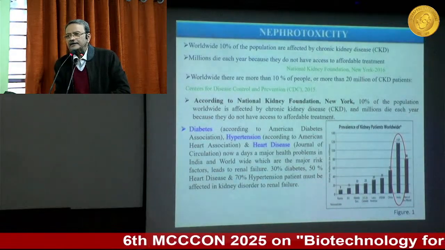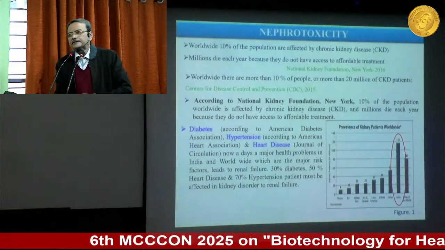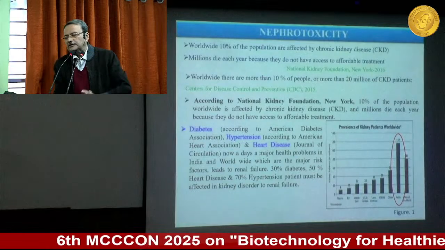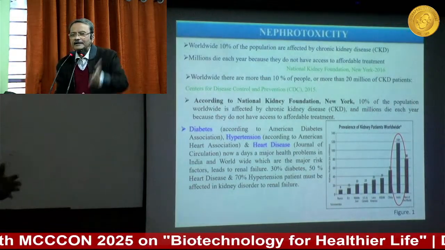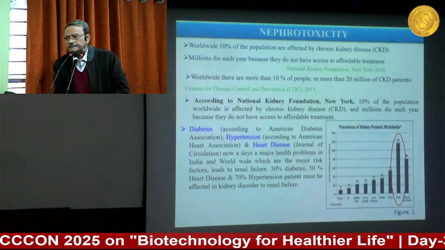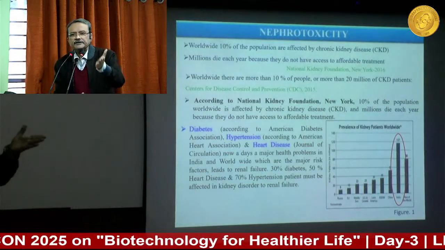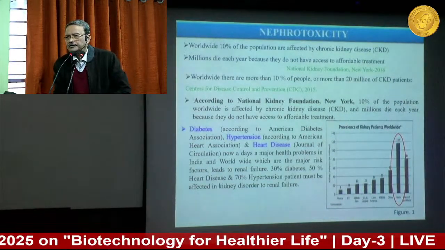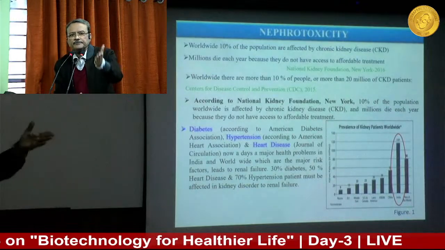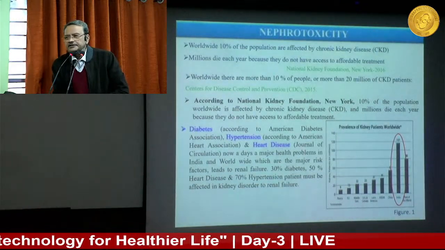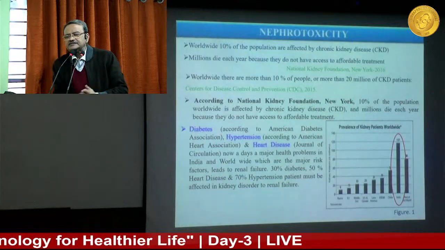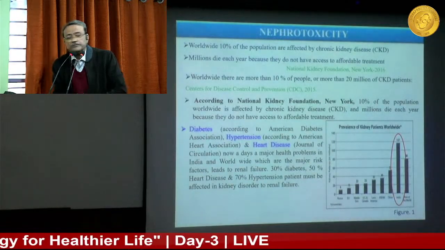That's why there are so many models developed in the rat model. Partial dehydration: when people are dehydrated, then the kidney fails. When people suffer from diabetes, the kidney fails. When people suffer from cardiac disease, they suffer kidney disease. End-stage kidney disease is a very important matter.